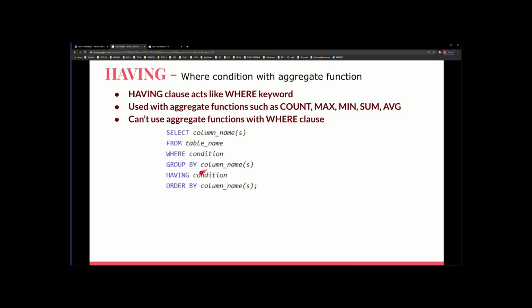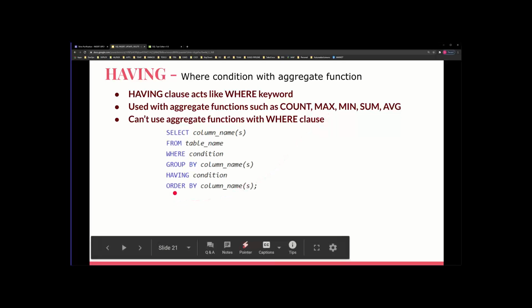And now if I wanted another condition, I cannot have another WHERE statement here. You cannot have a duplicate WHERE statement. And even if you had one, you wouldn't be able to use an aggregate function. So for that, you have to use HAVING. And then for the HAVING condition, you can use these sum, min, max functions. And then you can follow that with ORDER BY that we learned. ORDER BY goes at the very last. This sequence matters. If you break this sequence, it's not going to work.